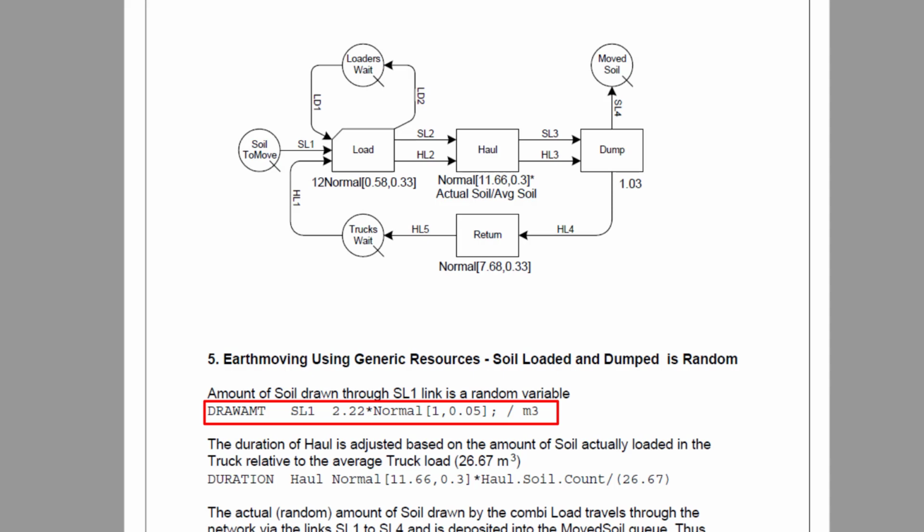And as a result, we don't really know how much soil each truck in each instance of load actually has received. Sometimes a truck in an instance of activity load receives more than its capacity of 26.67 cubic meters, and sometimes it receives less than that capacity.